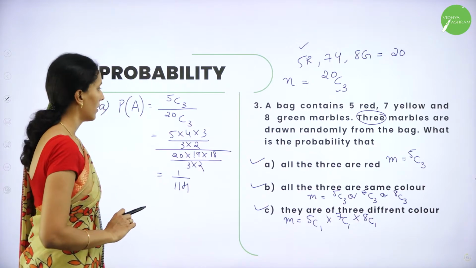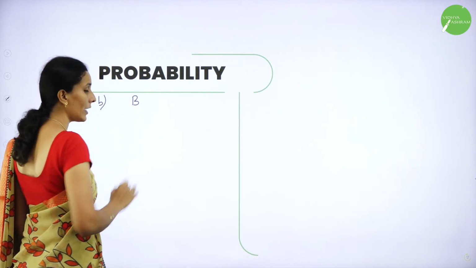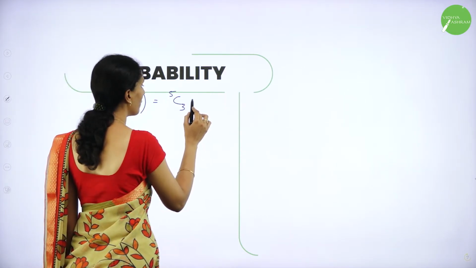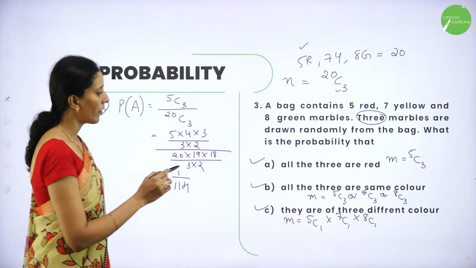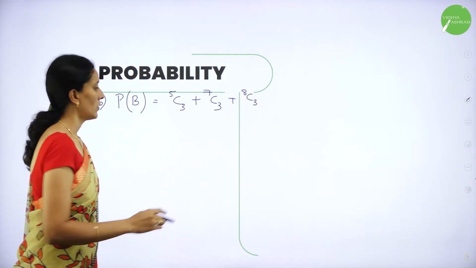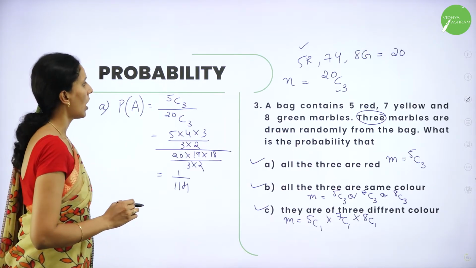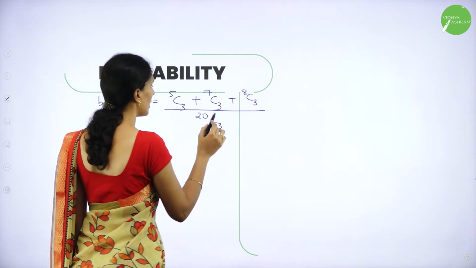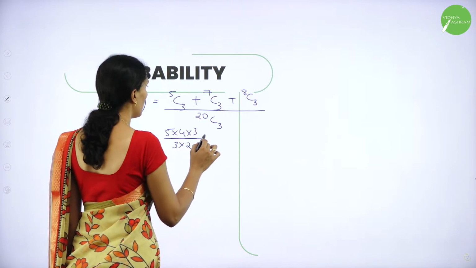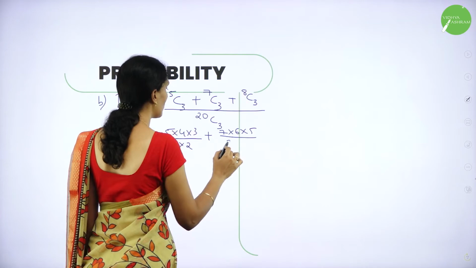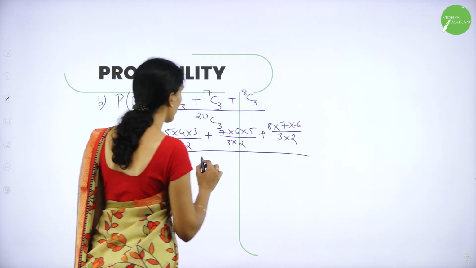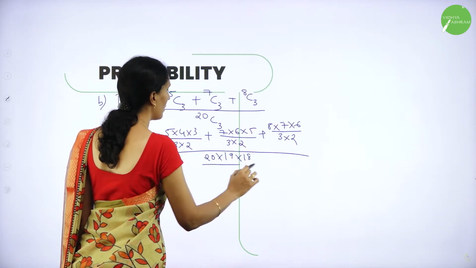I'll take the event as B. So the probability of B will be 3 of them are red, plus 3 of them are yellow, plus 3 of them are green, divided by my total number of outcomes, 20C3. Expanding this, you will get 5, 4, 3 divided by 3 into 2, plus 7, 6, 5 divided by 3 into 2, plus 8, 7, 6 by 3 into 2, whole divided by 20, 19, 18 divided by 3 into 2.